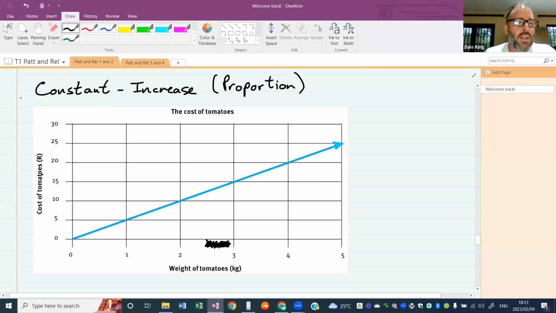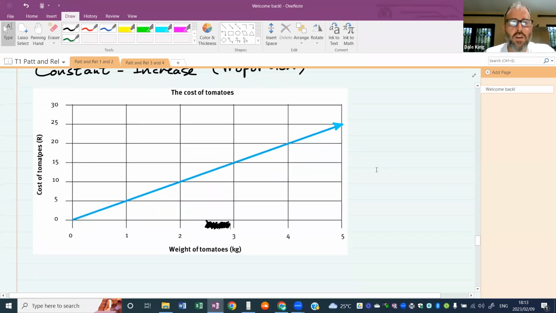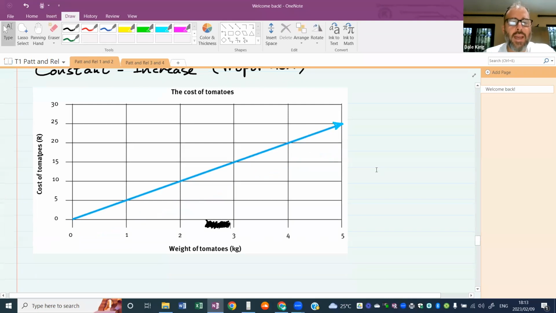So this is a linear function, a linear graph, and it's also increasing. Okay, so this scenario is as the weight of your tomatoes increases, so the cost or the price to purchase those tomatoes also increases.